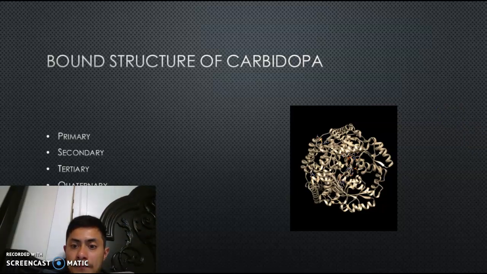A little bit on the primary structure: each of the polypeptide chains of this dopa decarboxylase is composed of 486 amino acids that eventually encode the three-dimensional structure of the protein.